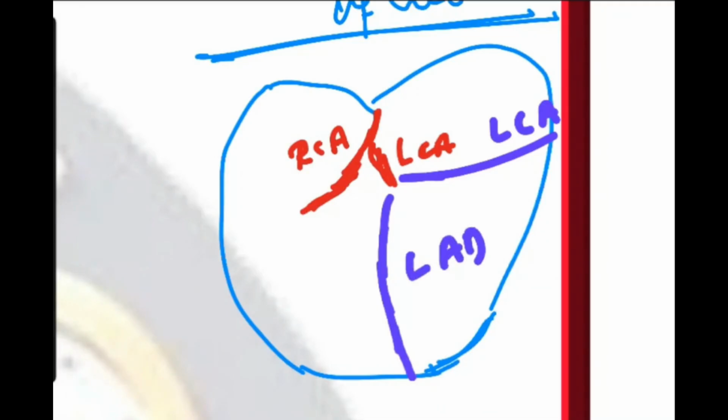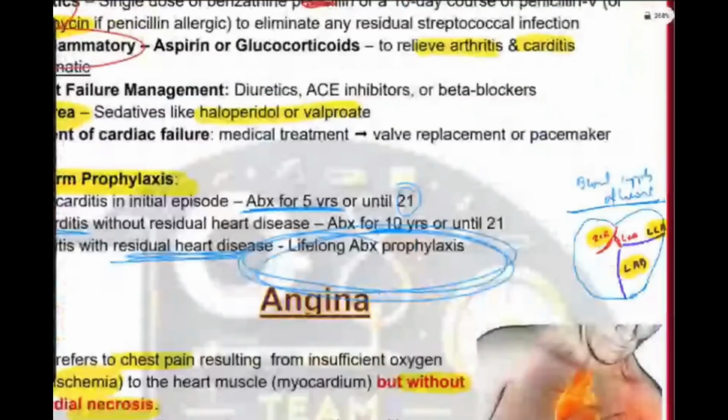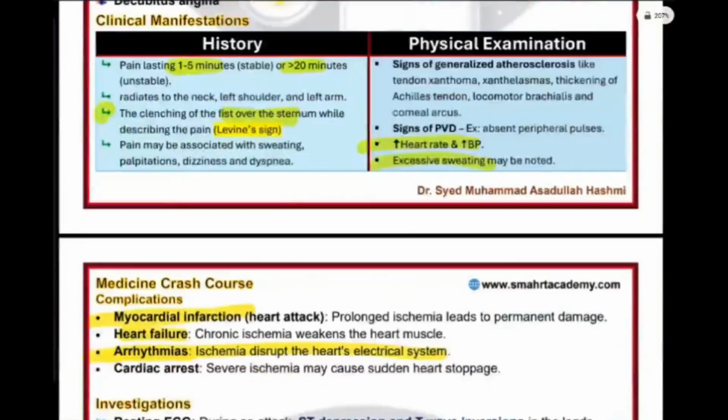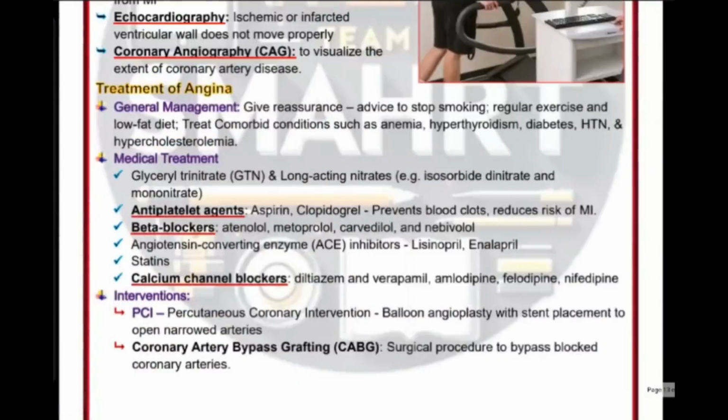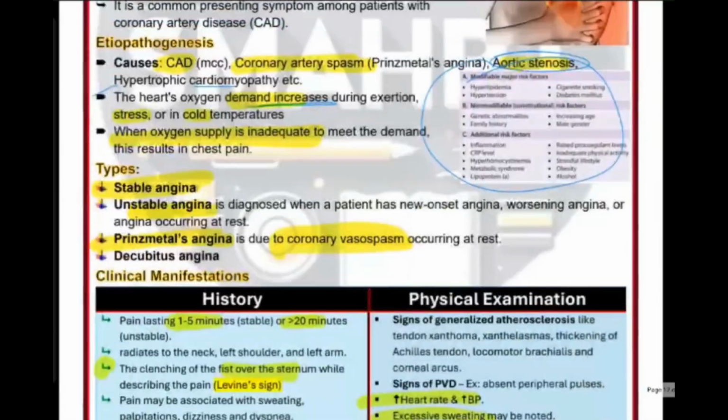The main arteries involved in coronary artery disease, because of which angina can keep occurring, or MI can also occur, are these three arteries: RCA, LAD, LCA. LAD and the left circumflex are the two branches of the left coronary artery. This is the basic. We'll read more about this in MI.